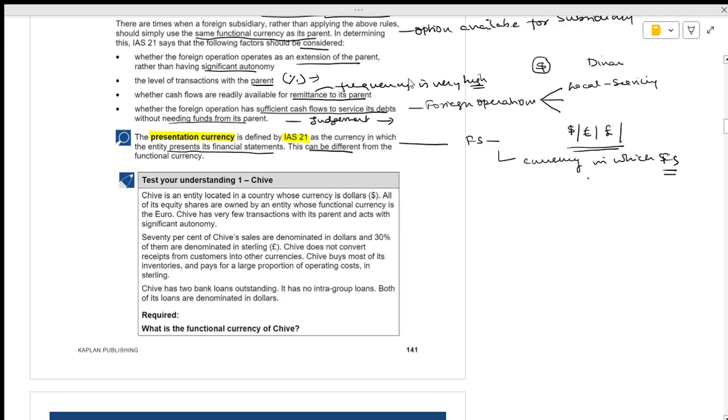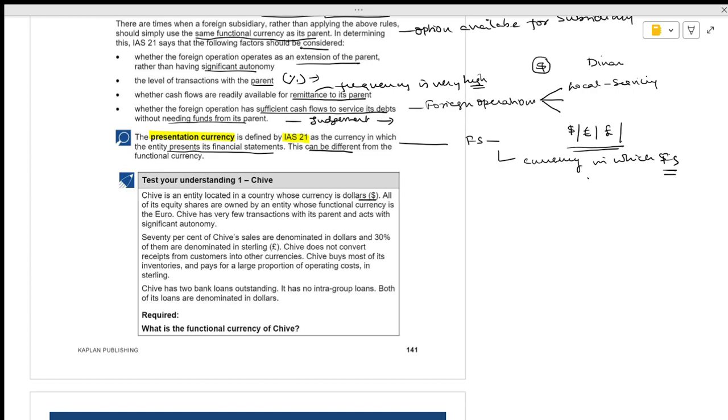Now they have given this test your understanding, which is very important. At least that is what I believe, and it is by my experience I am saying this. Clive has an entity located in a country whose currency is dollars.